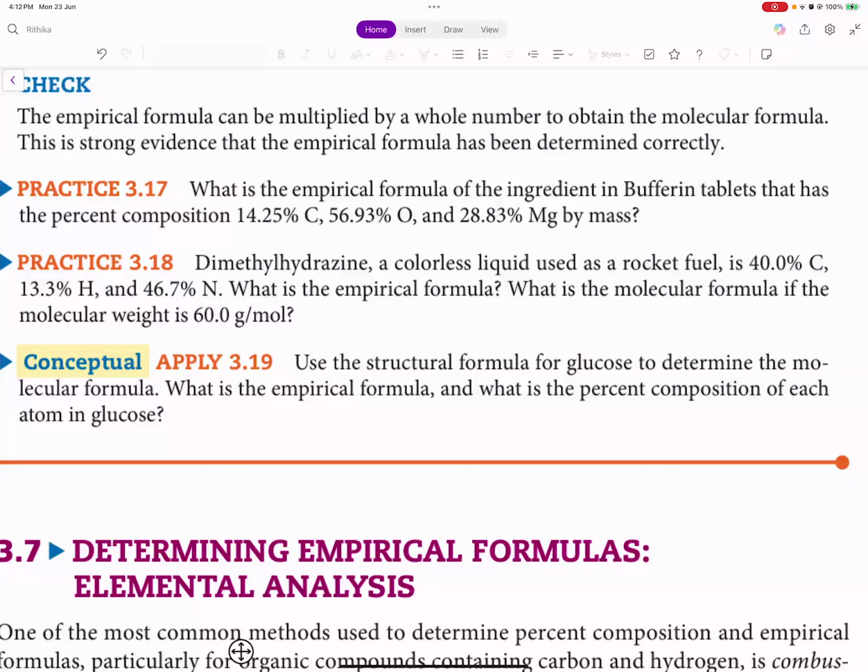So what's nitrogen? Nitrogen is 14. Okay.